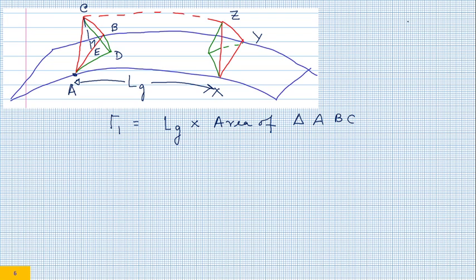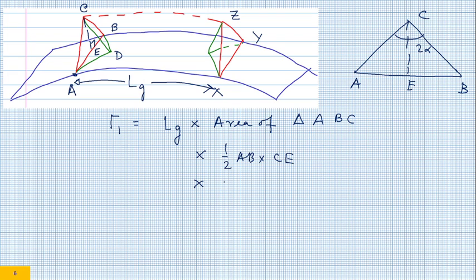Let us draw triangle ABC separately. This is A, this is C, this is B, this is the dropped perpendicular E, this is 2 alpha. So how much is this area? This area is half AB into C, which is equal to AE into C. Now let us take tan alpha.